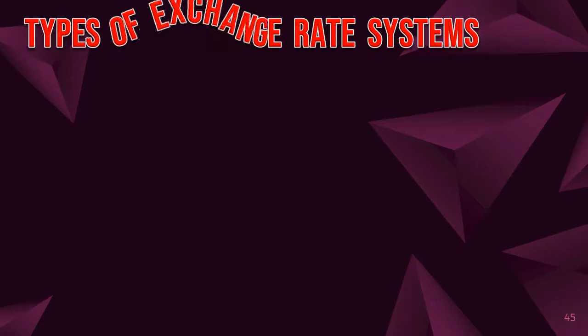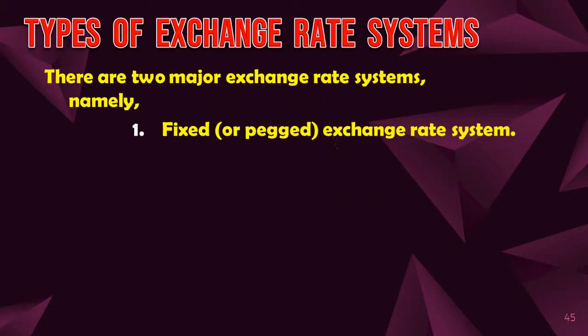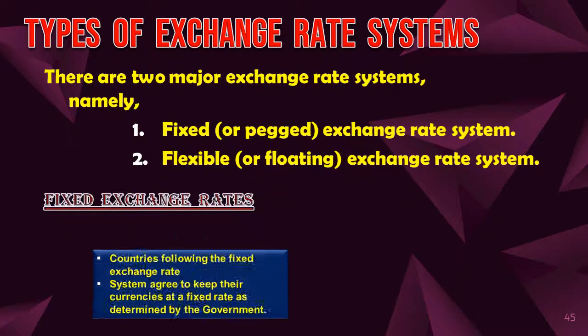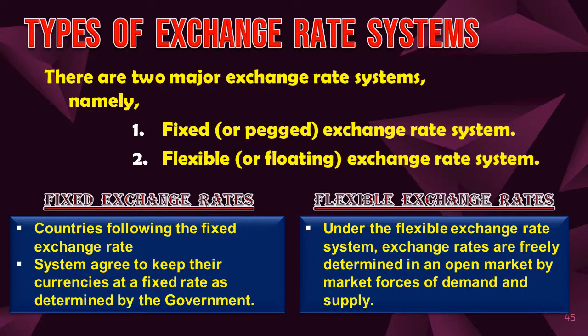Let us now see the next topic, types of exchange rate systems. There are two major exchange rate systems, namely the fixed exchange rate system and the flexible, that is floating, exchange rate system. Fixed exchange rate system is also called a pegged exchange rate system.